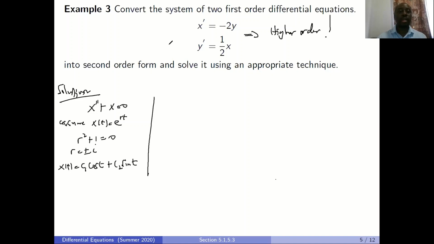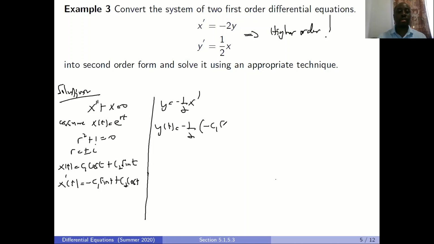Okay. Now from my first equation, I have that y is minus 1/2 x prime. So since I have x now, I can find y by differentiating x. This is going to be minus c1 sine of t plus c2 cosine of t. And if we plug this in here, then y of t will be minus 1/2 times minus c1 sine of t plus c2 cosine of t.